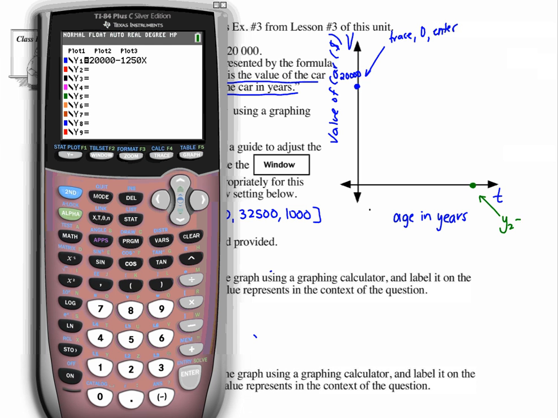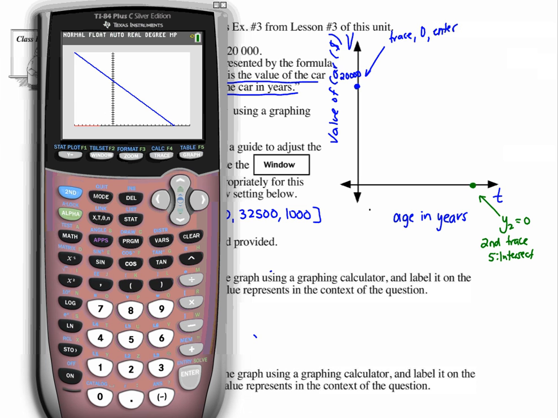So we set y2 equal to 0. Good. Then we go second trace, 5 for intersect. And then we push enter how many times? 1, 2, 3. Enter, enter, enter.